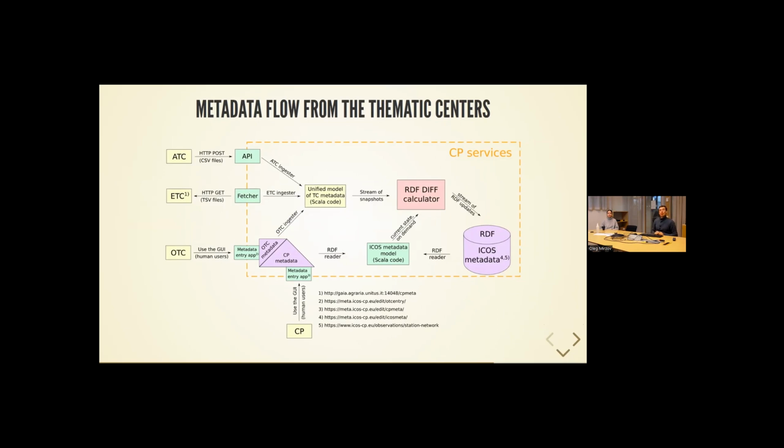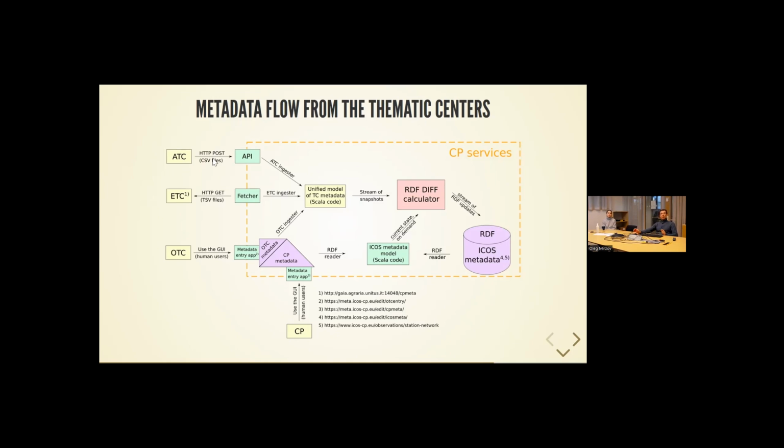I think we're not too unhappy with what we got in the end. So we have a lot of flexibility, but the complication is that we have three thematic centers, and they prefer to be the owners of the metadata. They want to be the source of truth for their own parts of the metadata. And we have to collect it from them.